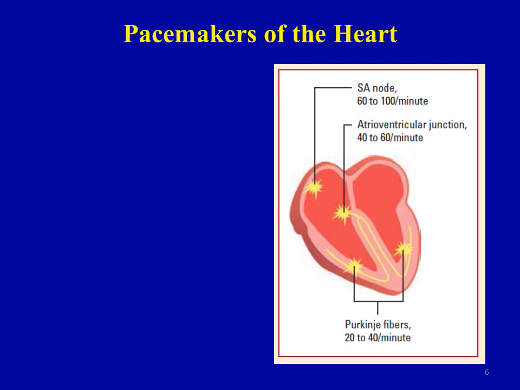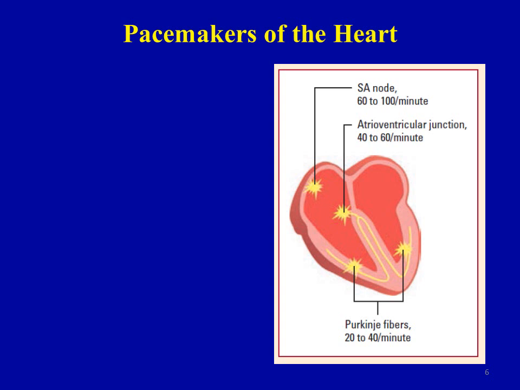As I said at the beginning of this session, the conduction system of the heart is composed of autorhythmic cells that have a special arrangement: the SA node, the AV node, the bundle of His, the bundle branches, and the Purkinje fibers. We have different firing rates for these different components of the conduction system.